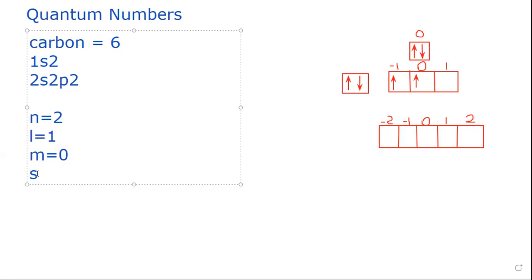And S now refers to the direction of the arrow. S is the spin. Something that I have to tell you is that even though you have the nucleus of the atom here, and then you have the orbitals surrounding this nucleus, you have electrons surrounding the nucleus of the atom. They are moving like this, but they are also spinning on their own axis, like the Earth in the solar system.